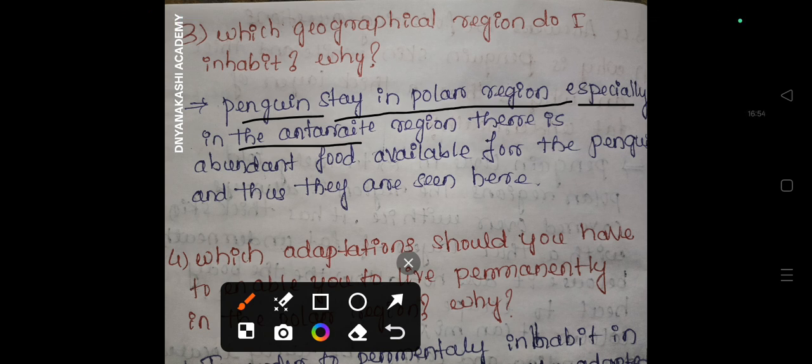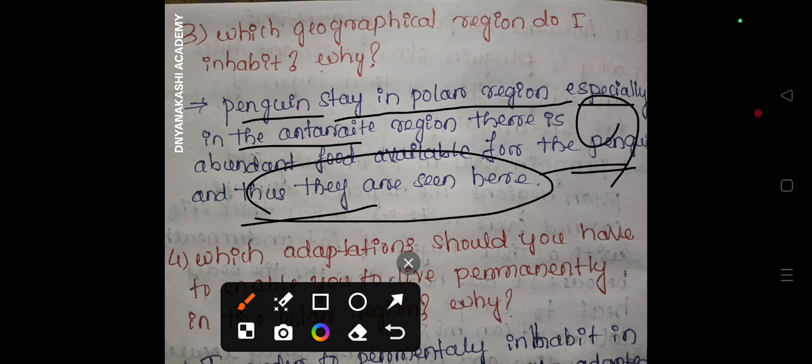Penguins stay in the polar region, especially in the Antarctic region. There is abundant food available for the penguins, and thus they are seen here.